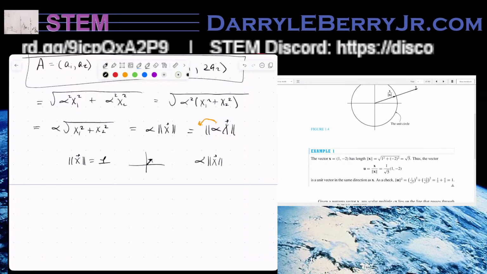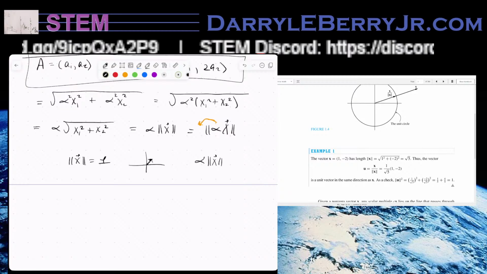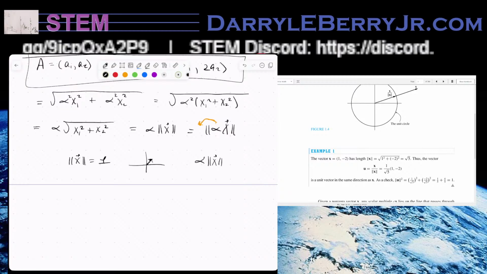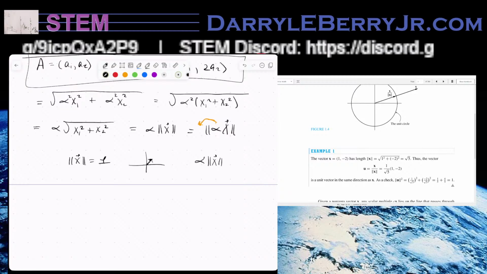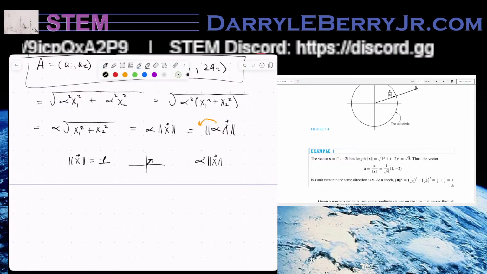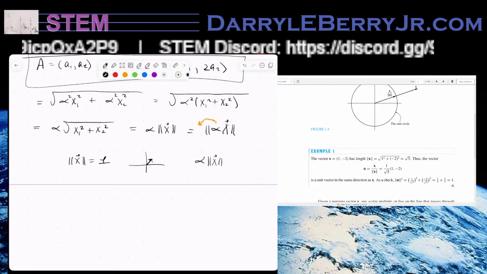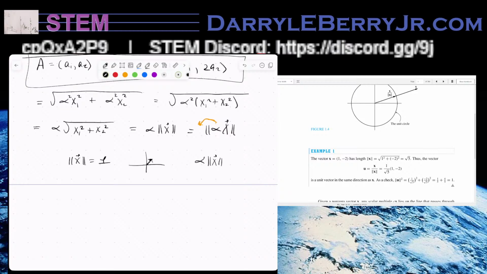Right? So to get the unit vector, all we have to do is take a vector and divide it by its magnitude, which I still think is odd.